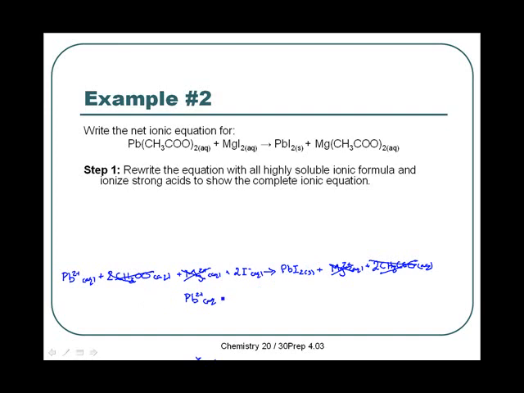So we have lead plus 2 iodines goes to form lead iodide. And there's our net ionic reaction. So again, this top one was a total ionic, or a complete ionic.